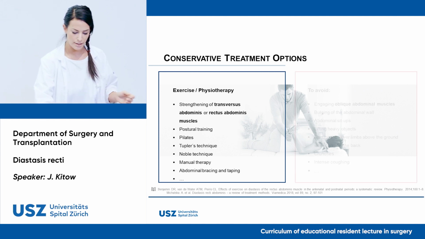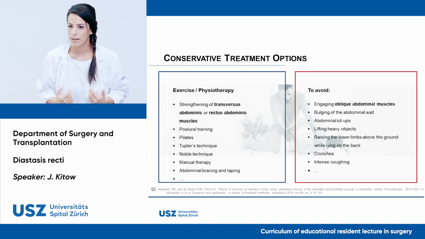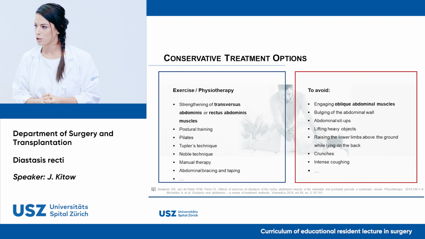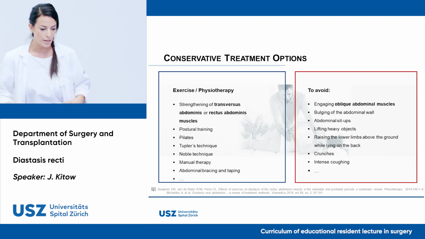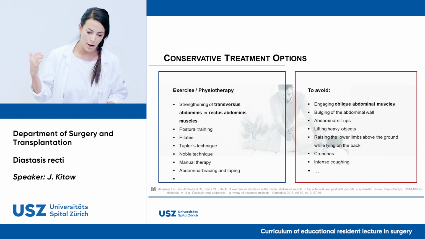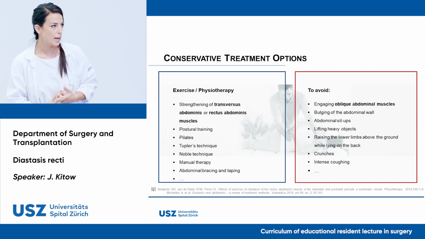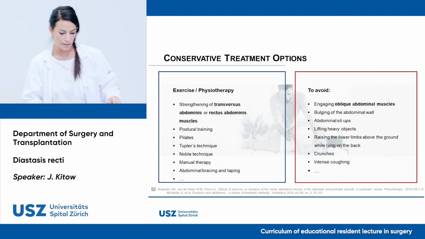But on the other hand, they say don't do engagement of the oblique muscles too much, because if you engage your oblique muscles here, you might tear the rectus muscles even more apart from each other. So avoid abdominal sit-ups, lifting heavy weights, crunches, stuff like that.